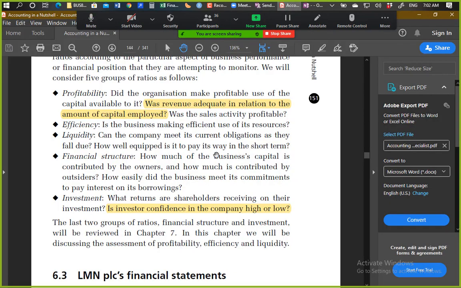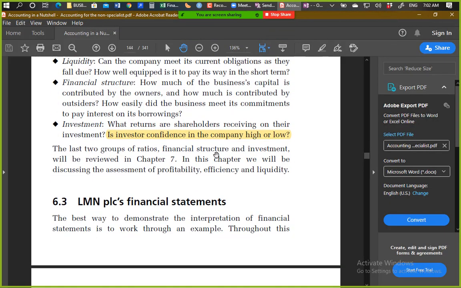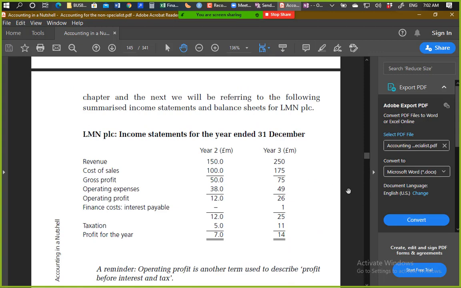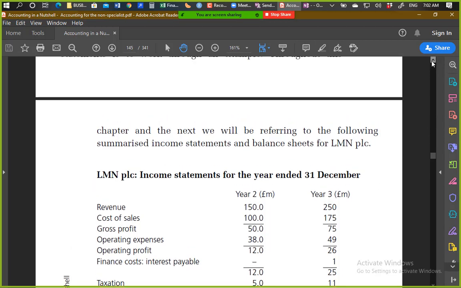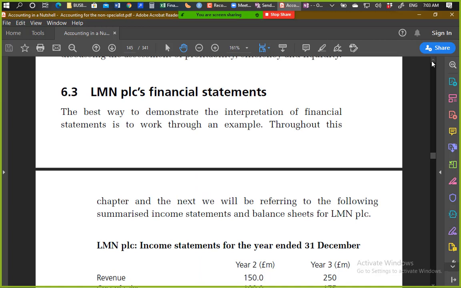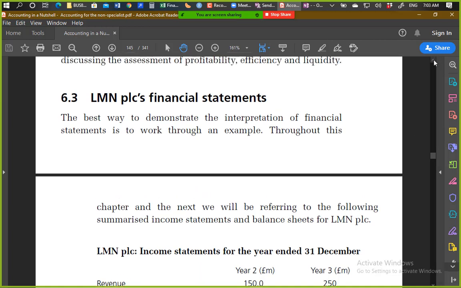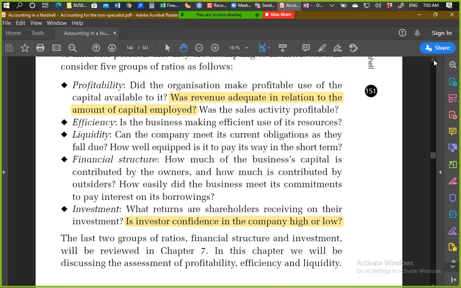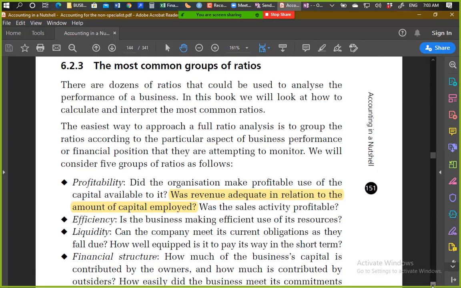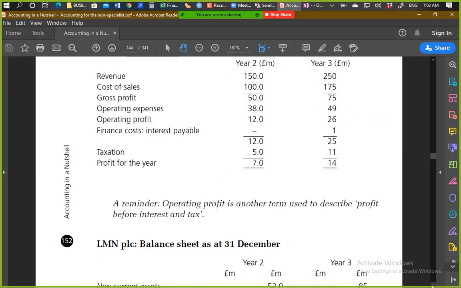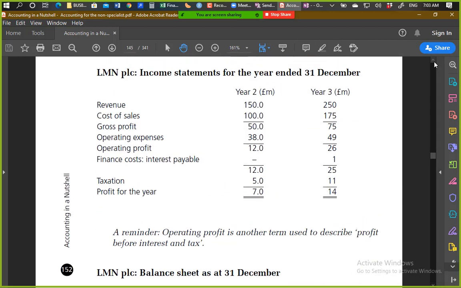Okay, it's here. So let's see. There is a hypothetical financial statement. Okay, so it's talking about all the ratios together. There's a hypothetical financial statement for this company, LMN Company.